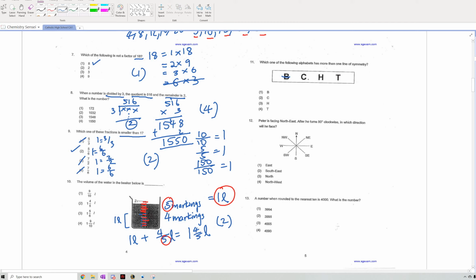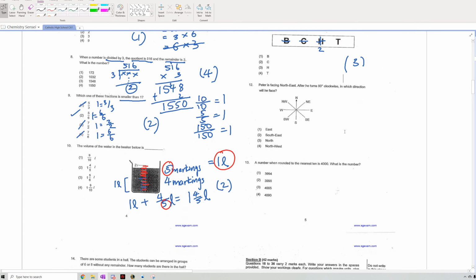For C, similarly, we only have a line of symmetry over here. However, for H, there are more than one. There's one over here and another one over here. So there are 2. So the correct answer is H, option 3.